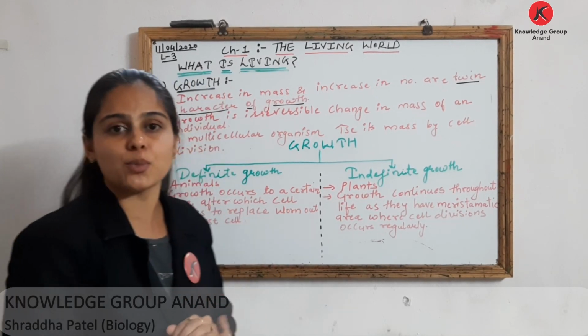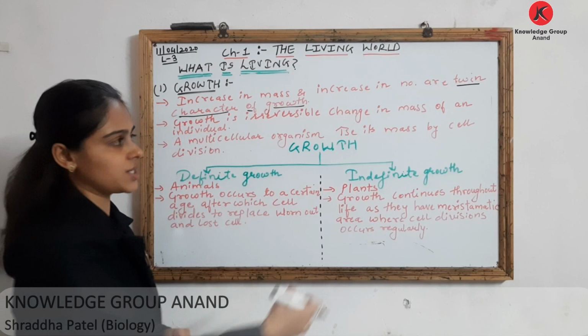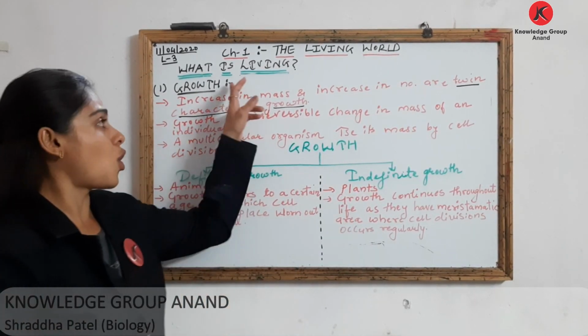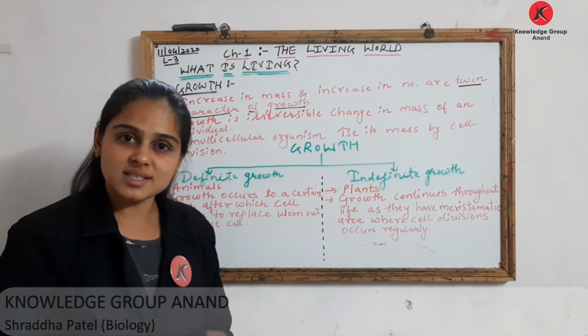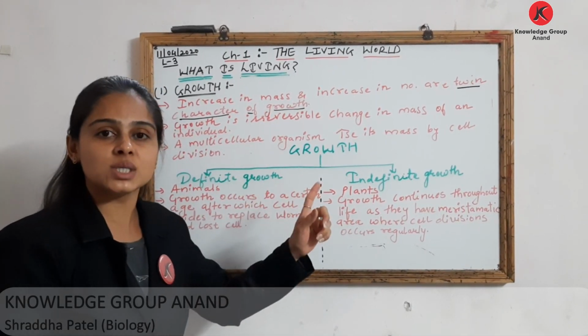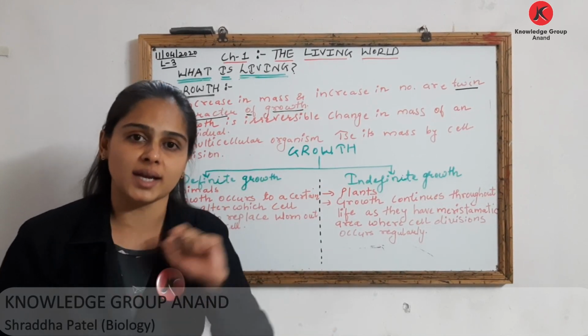इसकी वजह से मैंने आपको यहाँ पे ये बोला कि increase in mass as well as increase in number are twin characteristics of growth. Otherwise, I can also define growth as an irreversible permanent change in mass of an organism.